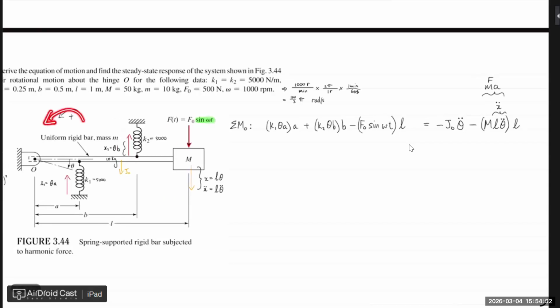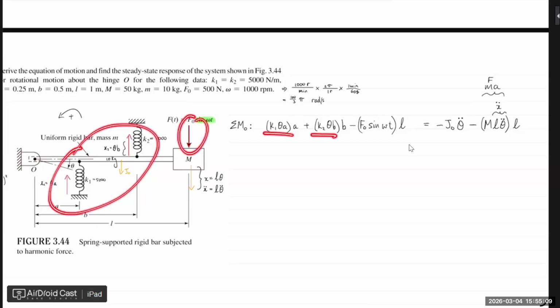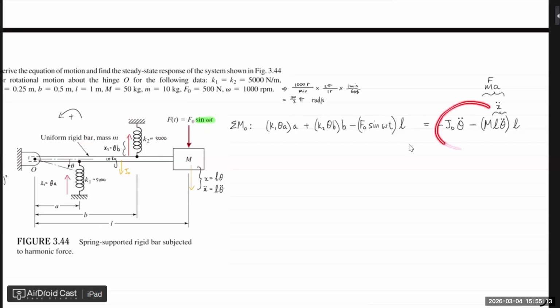I've just decided the counterclockwise should be positive. So from here on, this one will be positive, positive. This one will be negative in terms of the moment around O. That's why these two were positive, positive, positive, and this one was negative. And all of that is equal to the total moment.